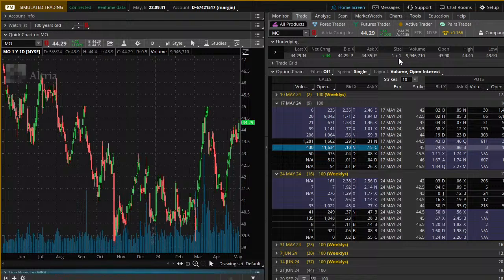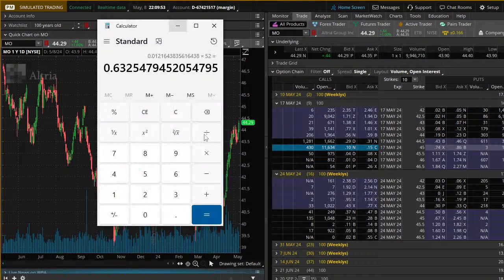Okay, so let's look at it. If I buy it at $44.35, because that's what the market maker wants, the 45 is the closest one. It's 29 cents. Let's do the math on 29 cents. 0.29 divided by the purchase price, 44.35. That comes to a grand total of 0.6%.